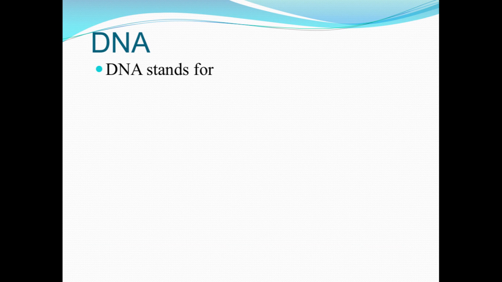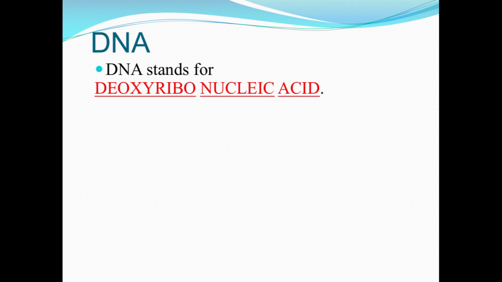So let's talk about DNA. This is going to be new for you. You are going to learn about DNA next year in biology, so this is going to be very beneficial. DNA stands for deoxyribose nucleic acid. There happen to be 4 bases in all DNA, which is pretty marvelous when you think about it.